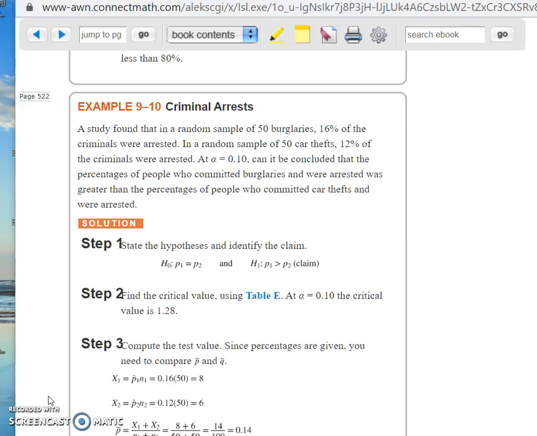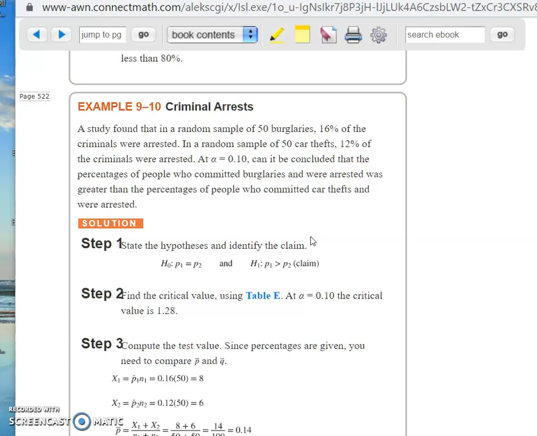Okay, so as you can imagine, this is a metaphor for many types of problems. You're talking about 16% of a certain category, 12% of another category. Is there a difference between these two categories? What about public health situations?